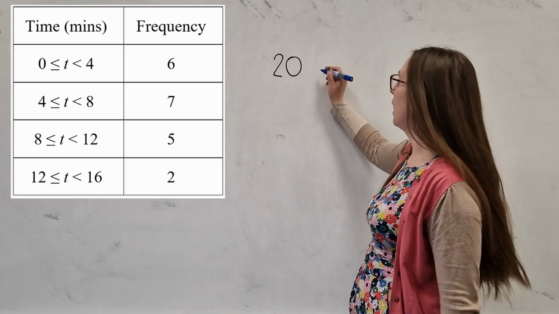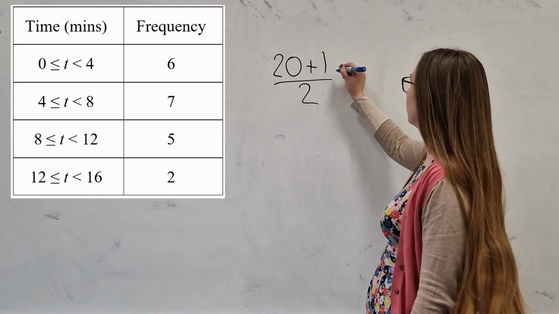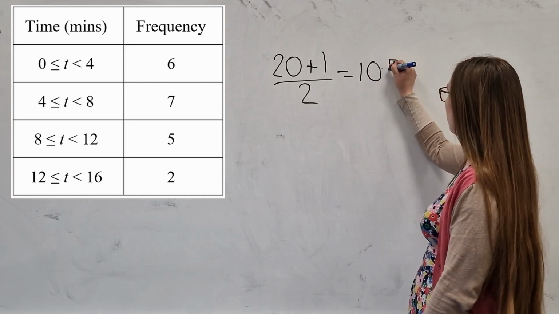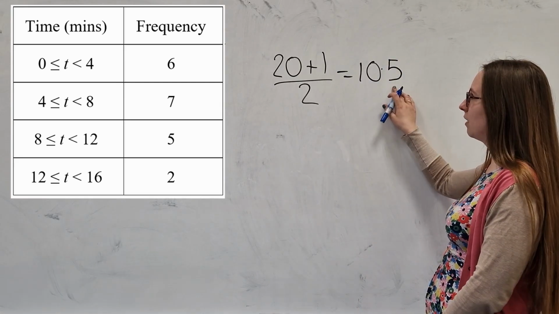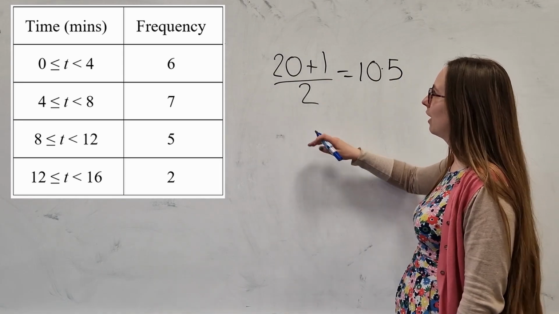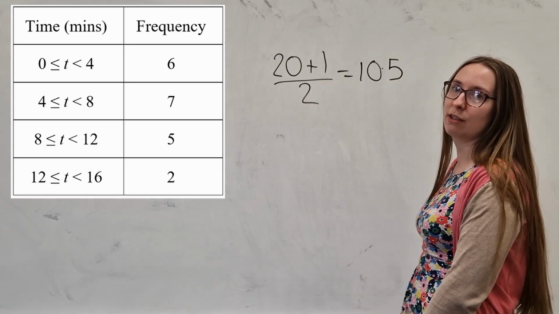So we add 1 to that and then divide it by 2. So 21 divided by 2 is 10.5. So we know it's the 10.5th person as such.